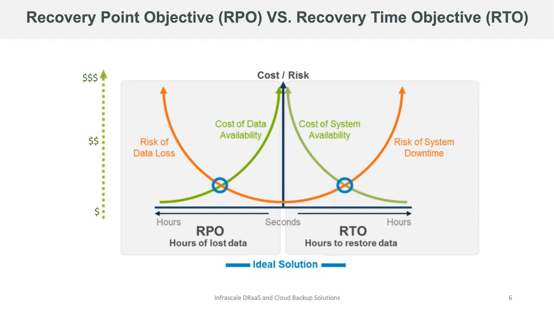So that recovery point objective goes back from the point of the disaster or incident to however often that cadence is for your backups. The recovery time objective is, from that point of disaster or incident, how quickly you can get your end users back up and running again.